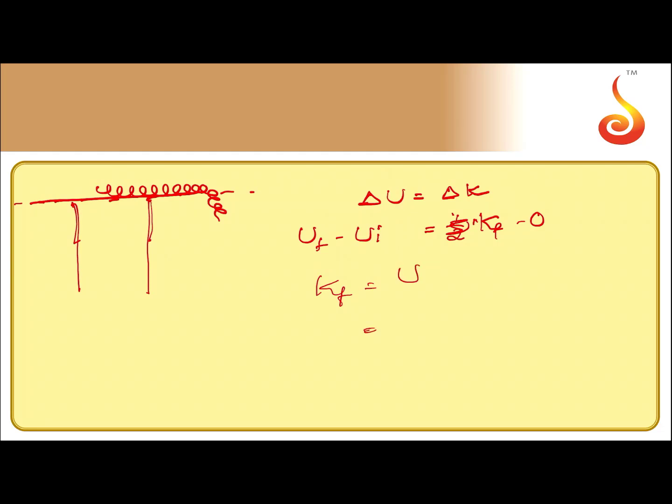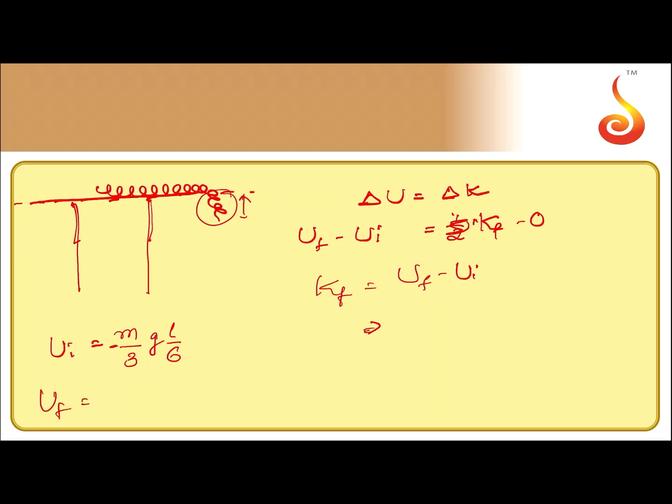What is that equal to? Initial potential energy is not 0, so UF minus UI is present. Now, what is UI equal to? If you look at it, 1/3 is hanging. So it is M by 3 times g times L by 6, because the center of mass is at a distance of L by 6, and this is minus.